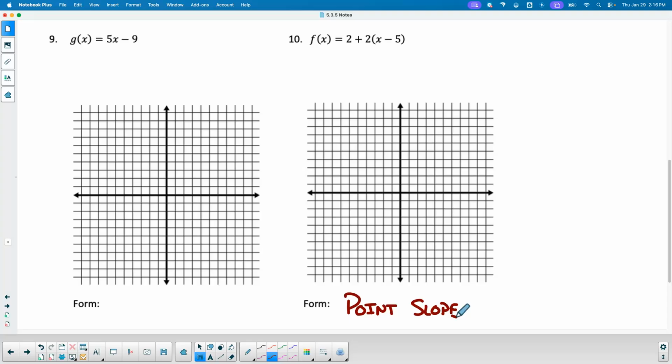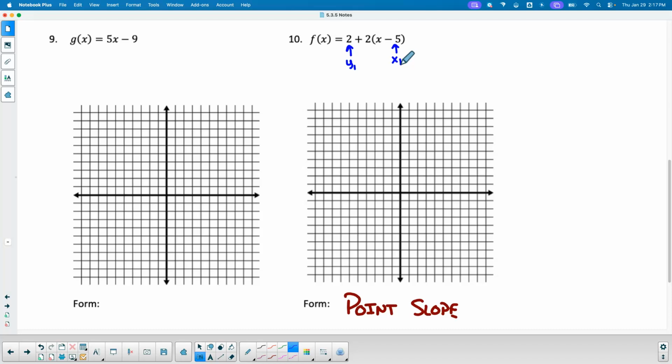So, this one is in point slope form, so we first need to identify the point that it goes through. So I'm looking, here is my y sub 1, here is my x sub 1, but as I just said to you a couple of slides ago, how do we think about x sub 1?